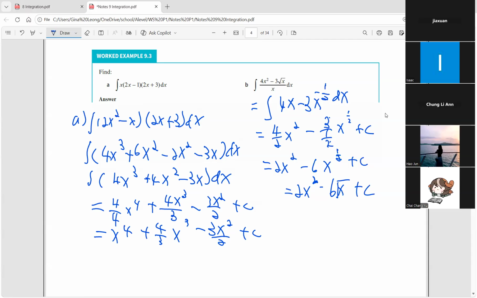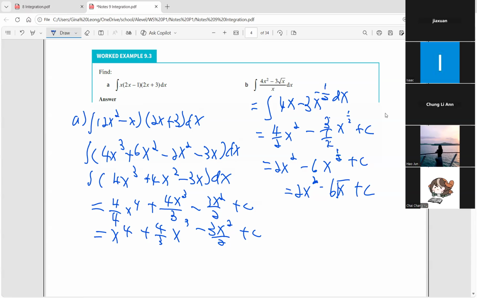Okay, then we go for the application, which is finding the constant of integration. The front part, I will go a bit fast until 9.5. Then at the back, behind, that is the improper integration.